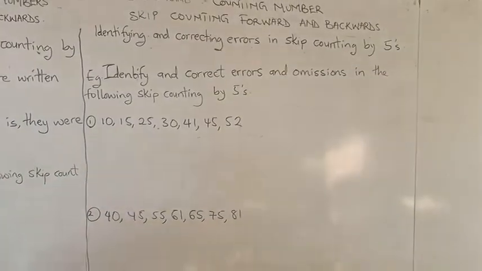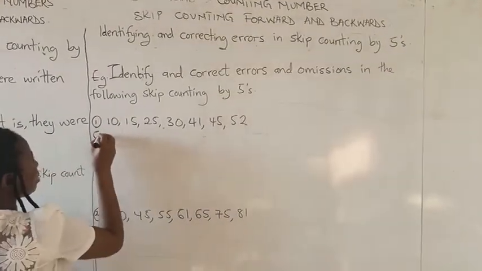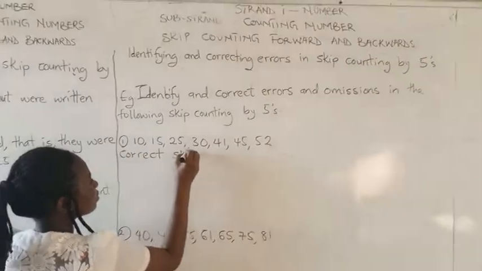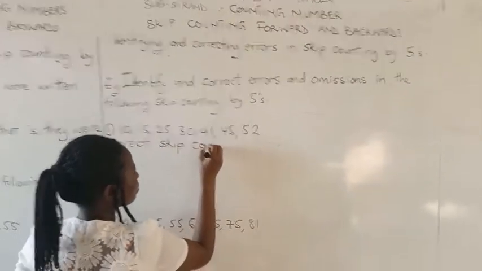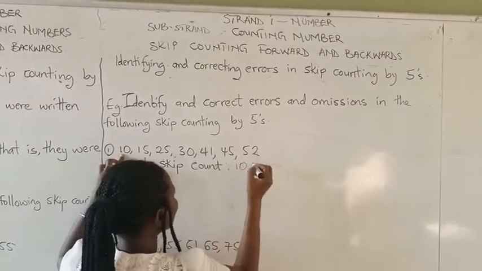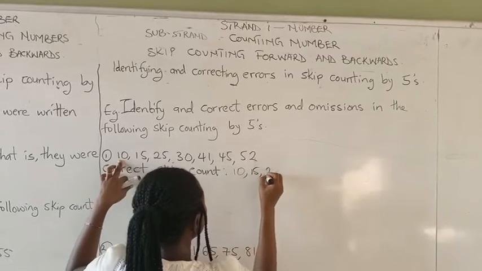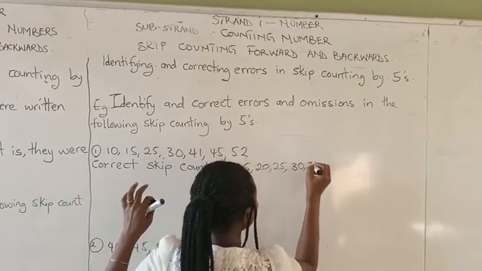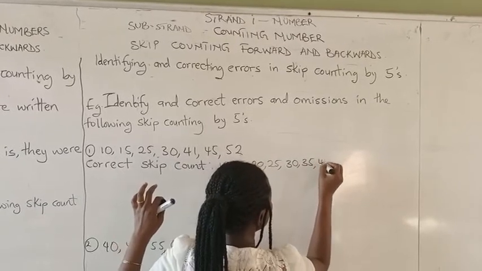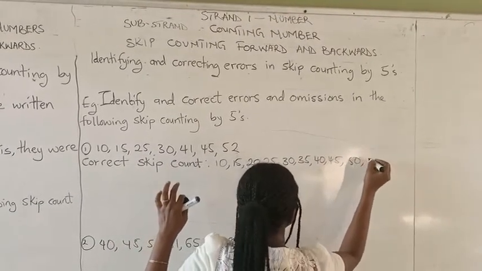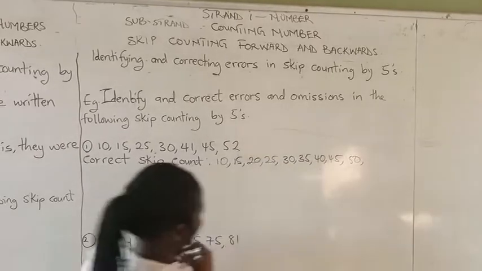Okay, so here we are going to correct the skip count. So we start: 10, 15, 20, 25, 30, 35, 40, 45, 50. Okay.